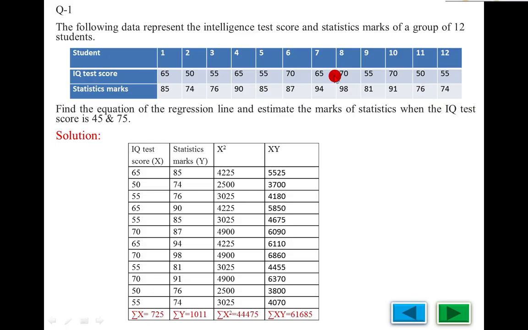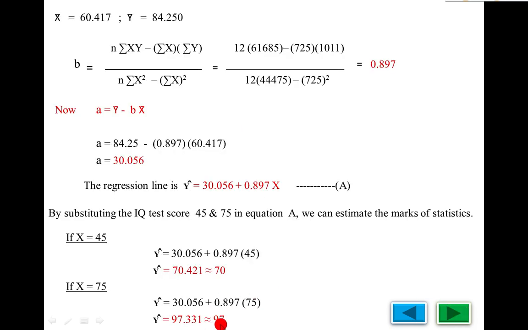Same for the highest or upper value, the maximum value, more than the maximum value. In this data, the highest value is 70, the y is 87. Okay, if y is 87 when x is 70, so if x is 75, the y will be more than 87, it is 97.